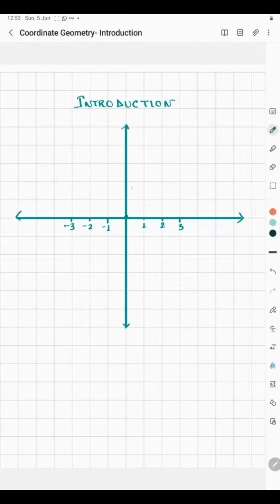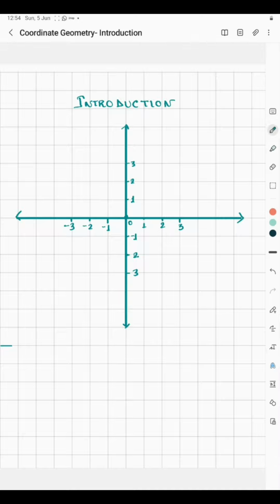Similarly, the upper part of the number line is positive 1, 2, 3 and so on, and the lower part of the number line is negative: -1, -2, -3 and so on. So these two number lines combine in such a way that they intersect each other at their zeros. Here is 0. So they form the Cartesian plane.